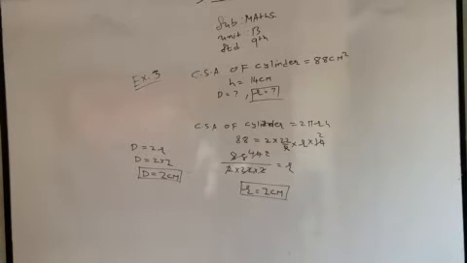Hopefully you understand whatever we had seen up to now. Now we are going to write down all these things in your notebook. Then after, question number 3: a metal pipe is 77 centimeter long.